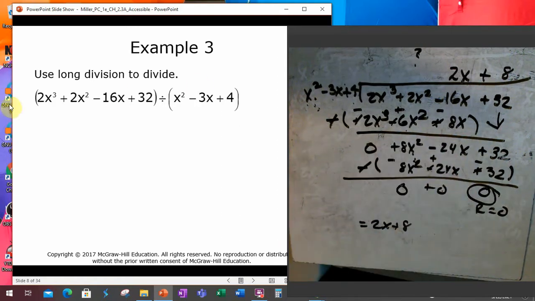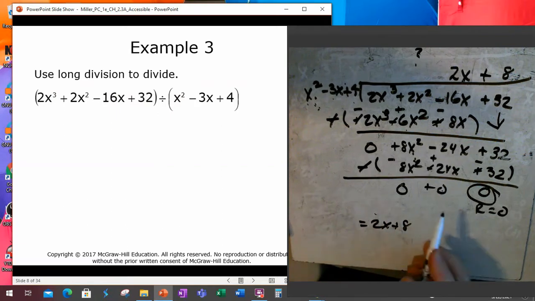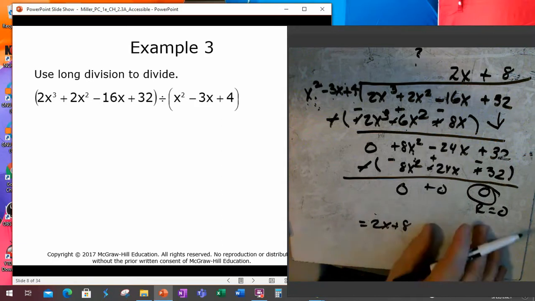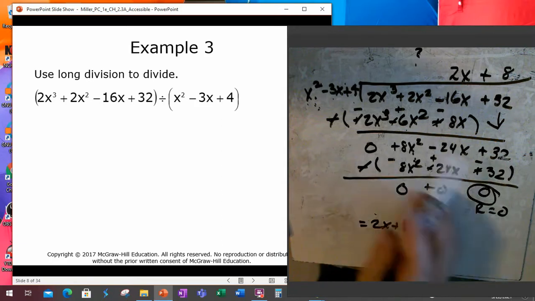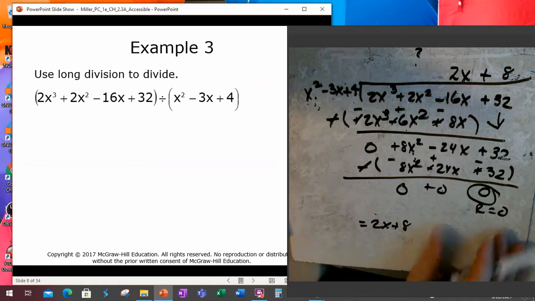If I graph this as a function and graph this, I'm going to get mainly the same graph, okay? The same graph here, except I have to worry about if there are any zeros that I've divided out. And then I just have to pull those out of the domain.